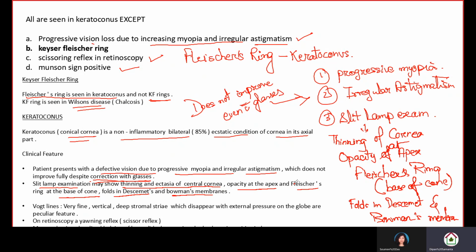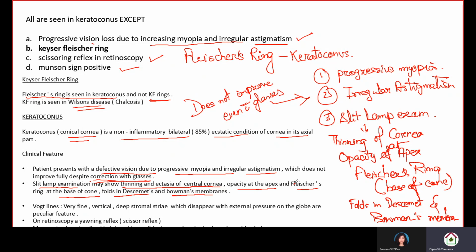These are the slit lamp examination features: thinning of cornea, opacity at the apex, Fleischer ring at the base of the cone, and folds in Descemet's and Bowman's membrane.